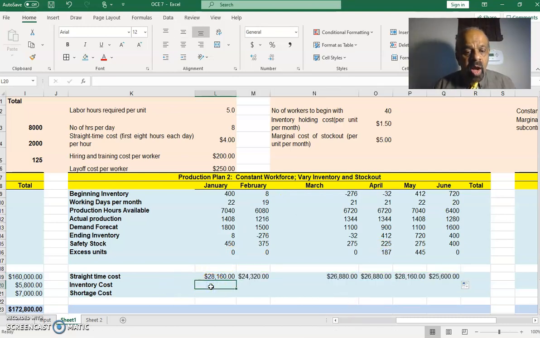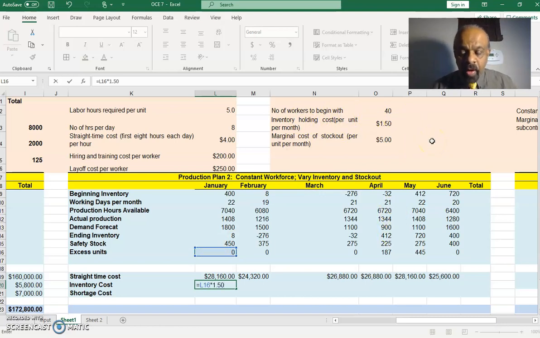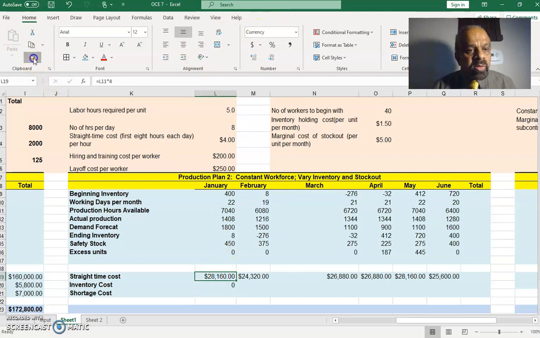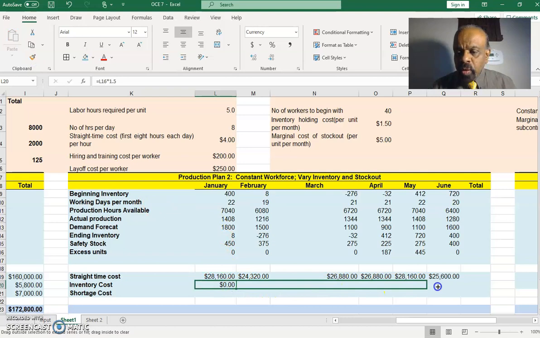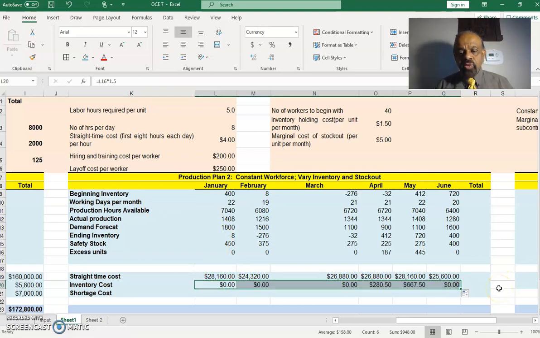My inventory cost is going to be equal to the excess unit, which is 0 here, times my inventory holding cost of $1.50. So I'm going to multiply that by 1.50. And I'm going to make it the same as this in formatting so that I'll have dollars. And then I'm going to pull this through, copy this through, and these are my inventory costs.